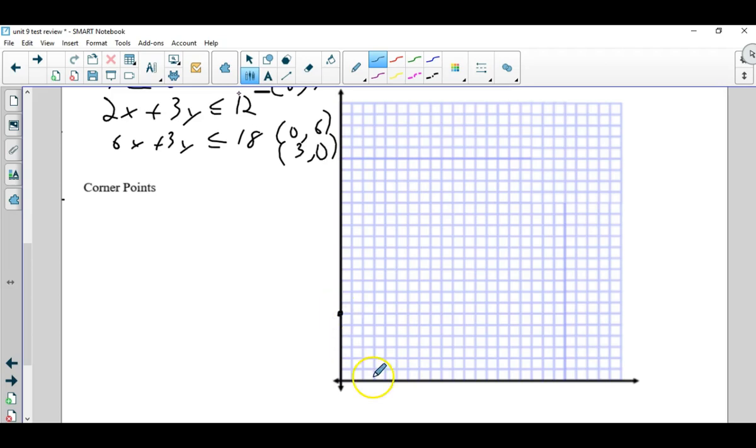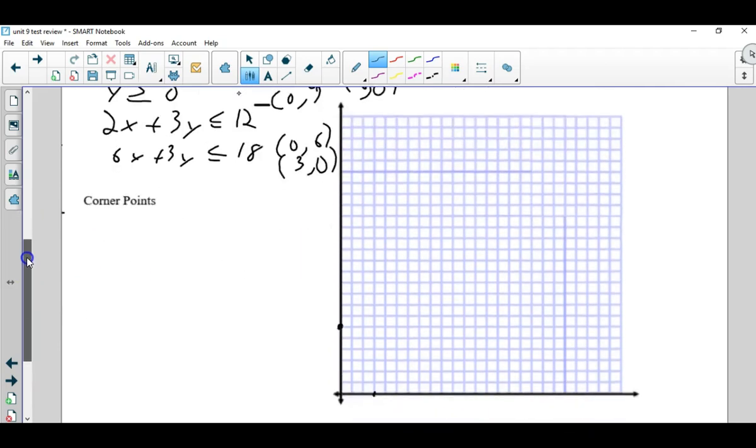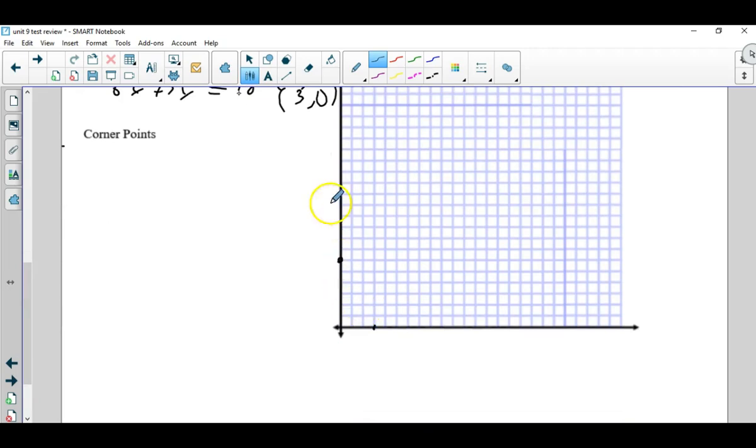And then 3, 0. 1, 2, 3. And then 0, 4, and 6, 0. So first off, let me draw a straight line connecting these two. And then I'm going to put a dot 0, 4, 1, 2, 3, 4, and 6, 0, 1, 2, 3, 4, 5, 6. Connect my dots. I don't have to go past because this is in the first quadrant.